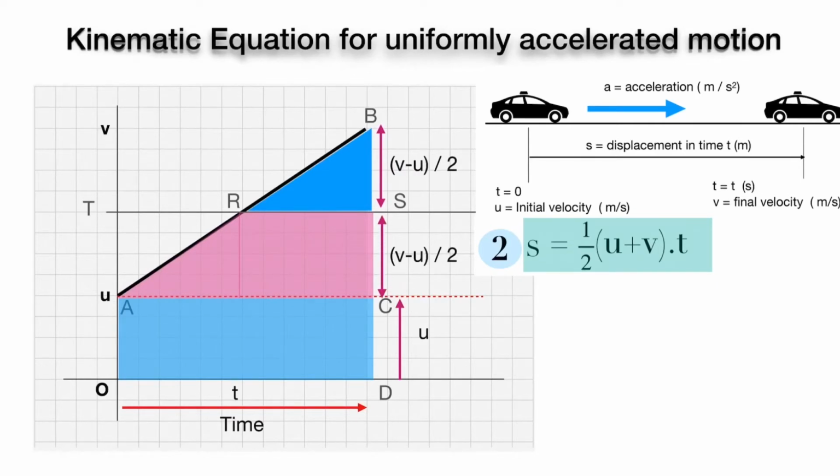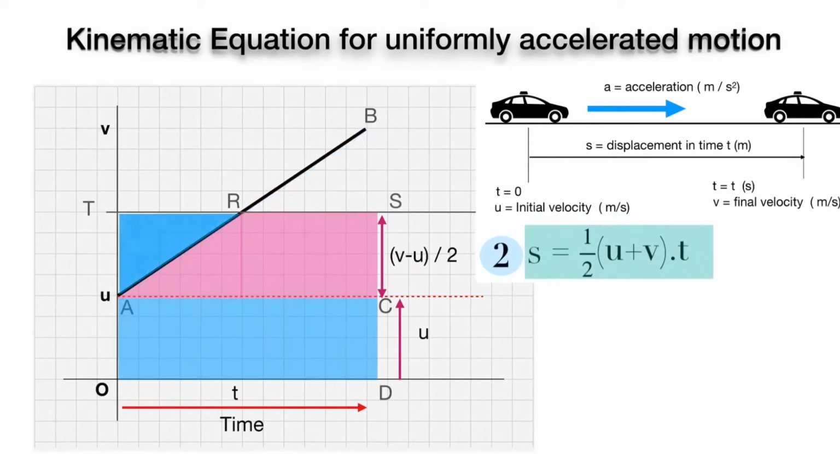Now if you see the triangle RBS, it is exactly the same as the triangle TRA. If I flip this triangle, it will perfectly match with TBA. So I will put this triangle at this place.